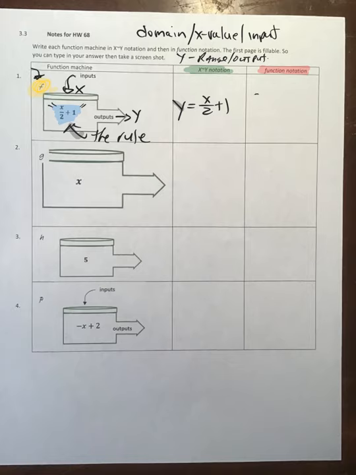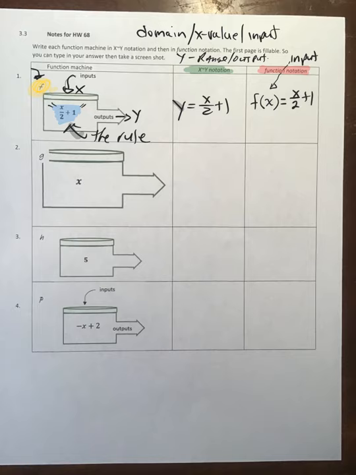We put parentheses, and what goes in the parentheses describes what is going into the machine, the input value. And then to get out, we use the rule: take your input, divide it by 2 and add 1. So the X by itself is the input.